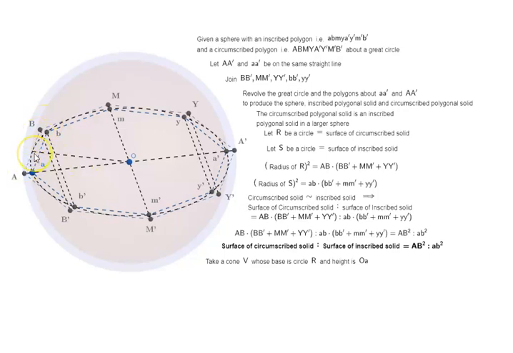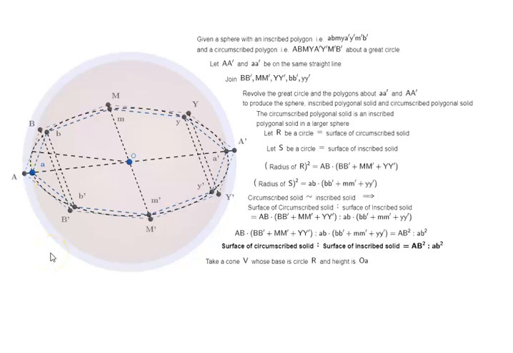Of course, in this particular case, in case of a circumscribed one, it is equal to the radius of the great circle or radius of the sphere. But strictly speaking, you should think of it as the perpendicular distance from the center to one of the sides of the polygon.